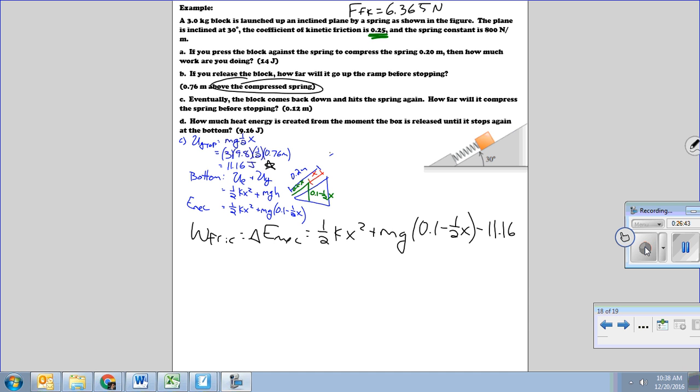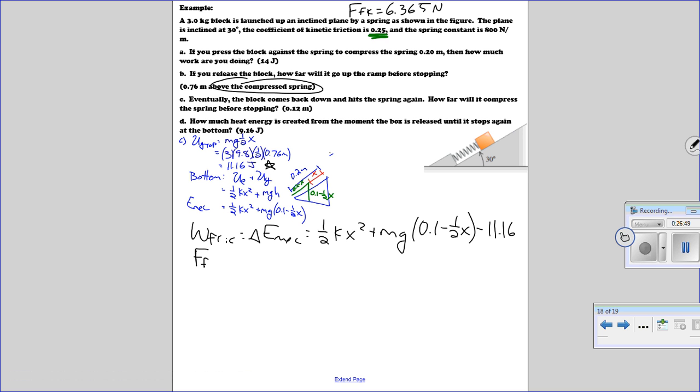As the box slides down the ramp, friction is going to be uphill. So the work of friction, kinetic, is going to be the force of friction, which is 6.365 newtons, times the distance it slides down the ramp.